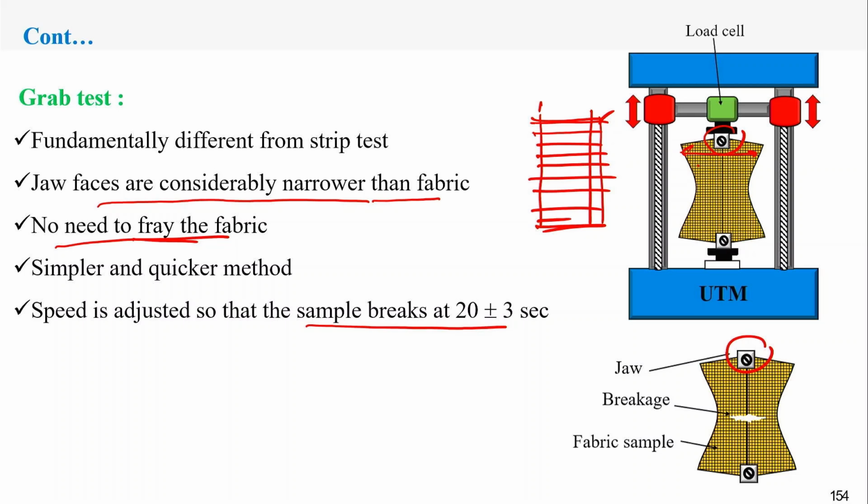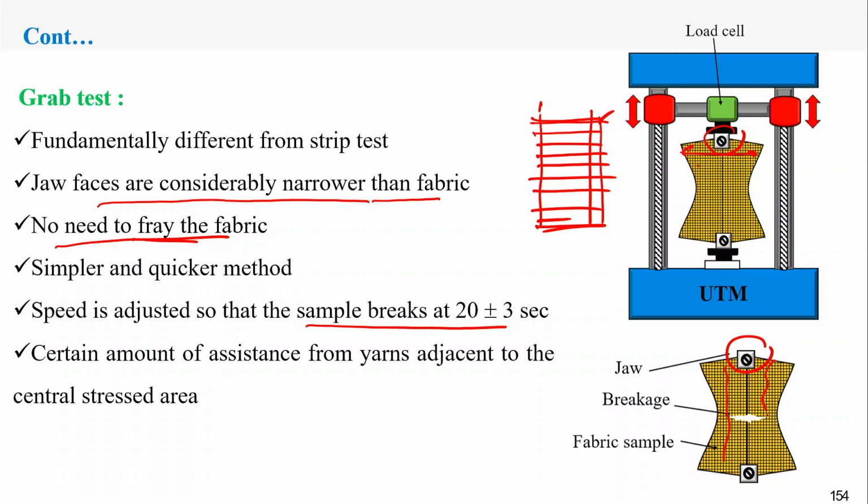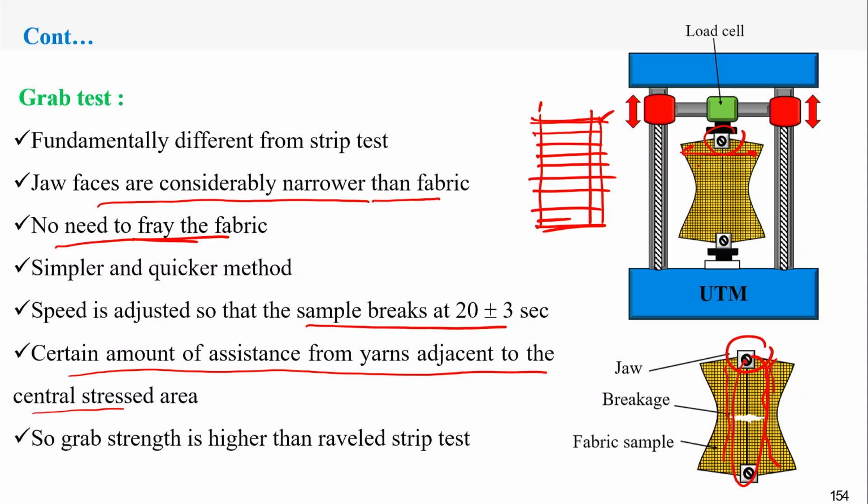Effectively, grab strength is generally higher than the strip test. Here we get a certain amount of assistance from the adjacent yarns to the central stressed area, which we do not get in the case of the strip test. Due to these adjacent yarns, we get higher strength than the strip strength.